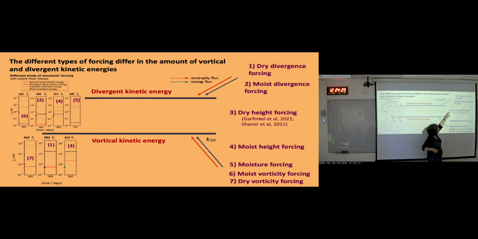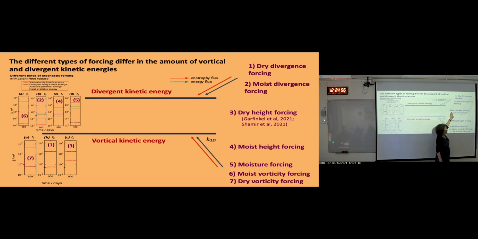And it's weaker, mostly it's weaker divergent forcing, because when you have convergence, for example, and rising, then you have adiabatic cooling, but moisture condensation will counteract this with warming. And so the effect of divergence on temperature is weakened by moisture.